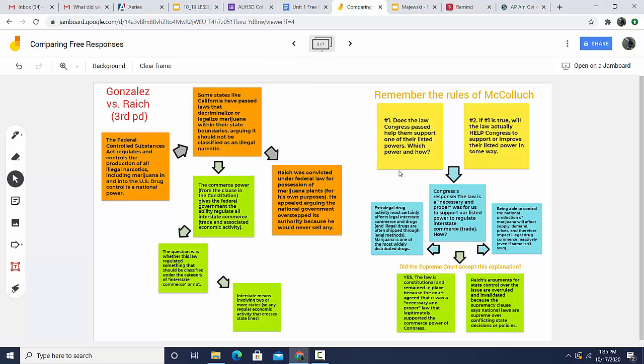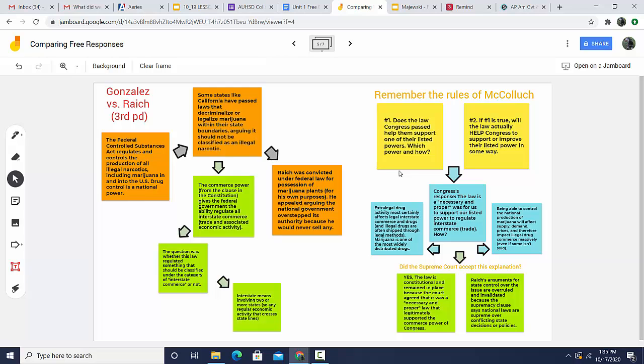Being able to control the national production of marijuana is going to affect supply and demand and prices, and therefore it's going to impact illegal drug commerce massively, even if some of it isn't sold. And so they argued we have many, many reasons why this law helps us to better regulate commerce in the country, specifically based on legal and illegal products, right? Narcotics. Did the Supreme Court accept this explanation?